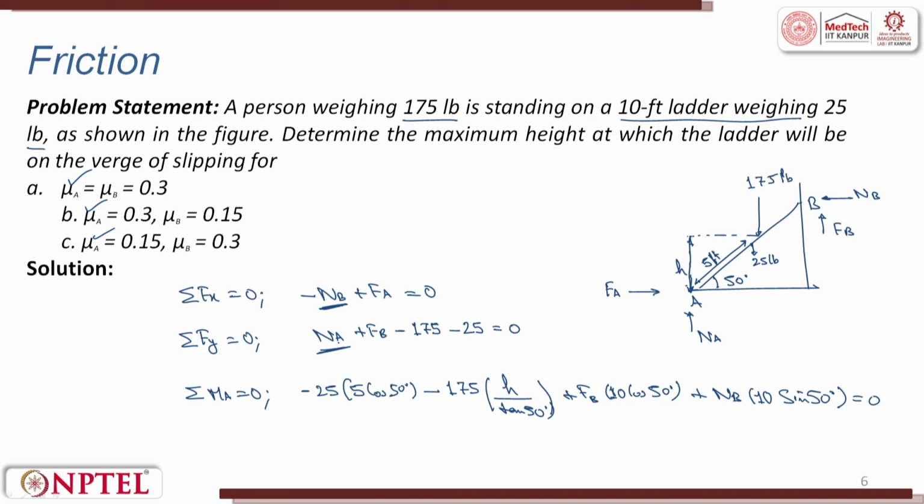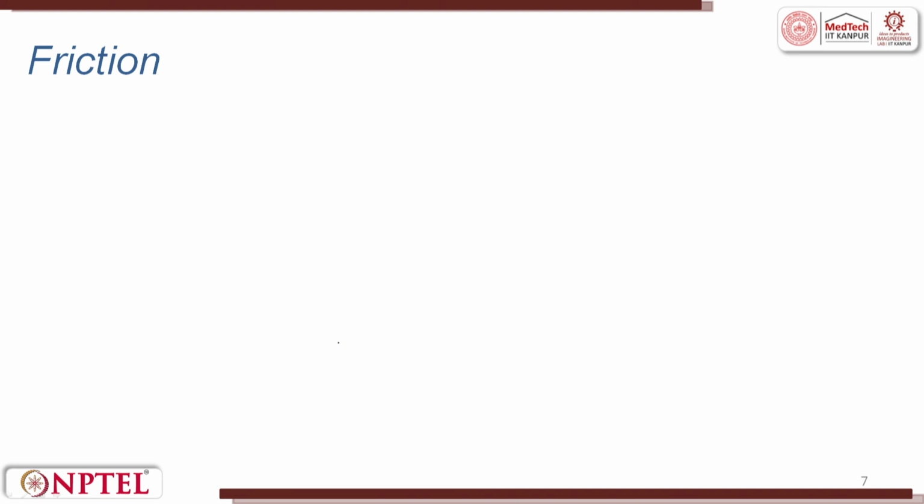So, we also know here, in the next slide, minus Nb plus nu A Na is equal to 0, and Na plus nu B Nb minus 175 minus 25, this is in the y direction, is equal to 0.